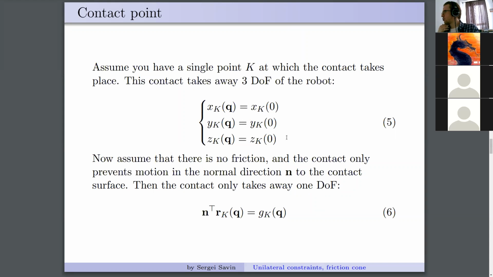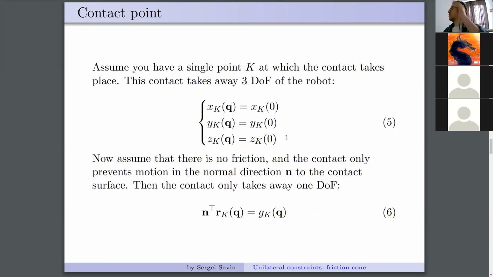So n transpose rk is basically a coordinate of rk on the vector n. This should remain constant. Okay. But you know, I chose to write it as equal to g of k of q.